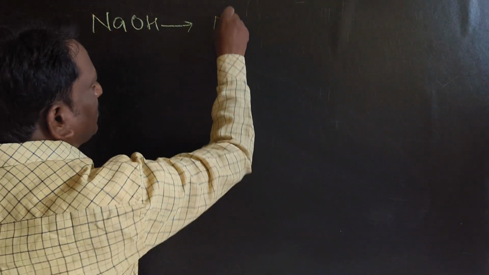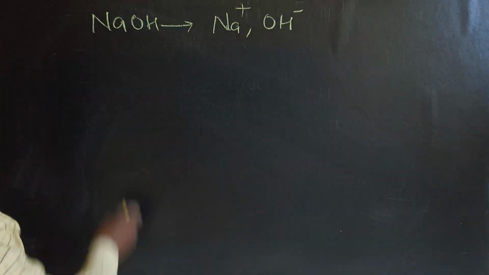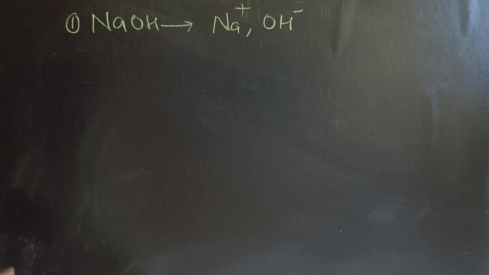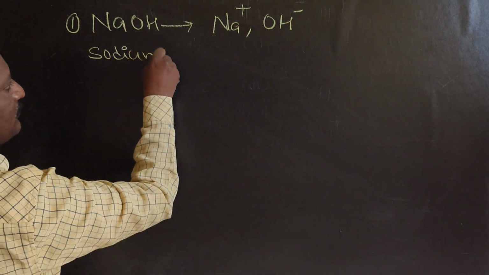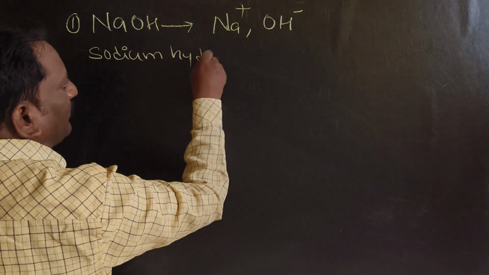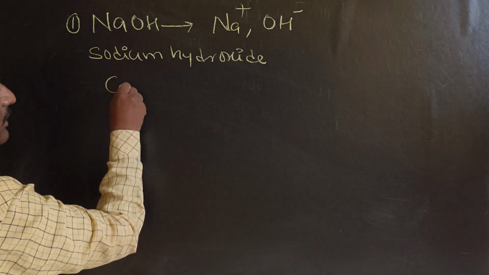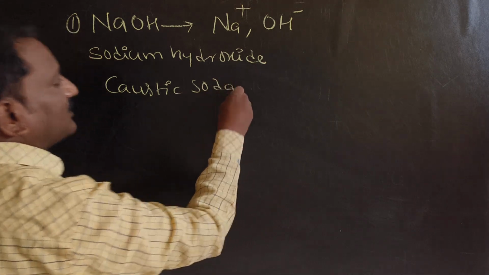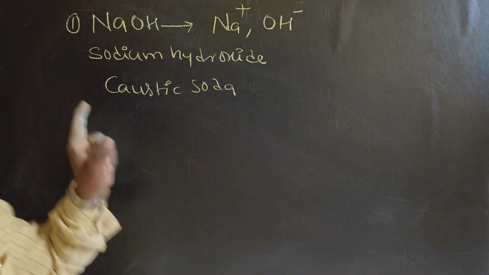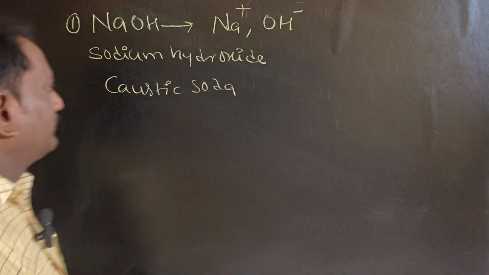Sodium hydroxide splits up into Na plus and OH minus ion. The name of this base is sodium hydroxide, also called caustic soda. So sodium hydroxide is the chemical name, and caustic soda is the common name.